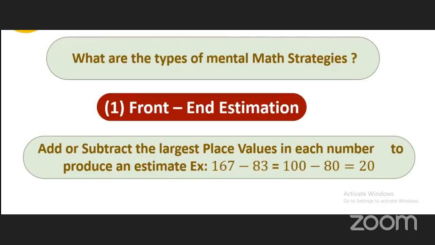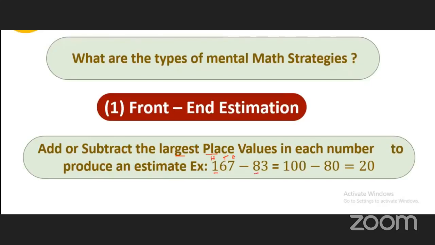167 minus 83. Look, first we determine the largest place value. Here, this is ones, this is 10, this is 100. Which one is the largest place value? It's the 100 place value. And here, which one is the largest place value?